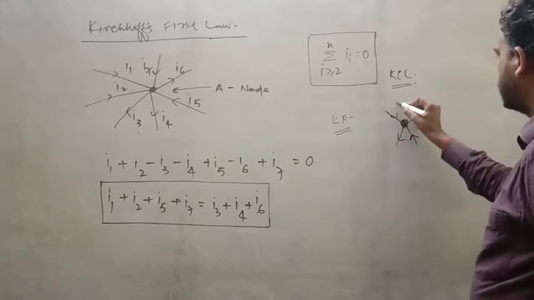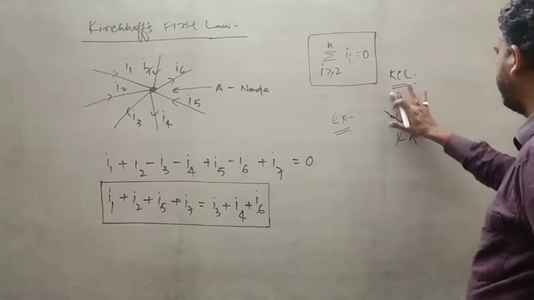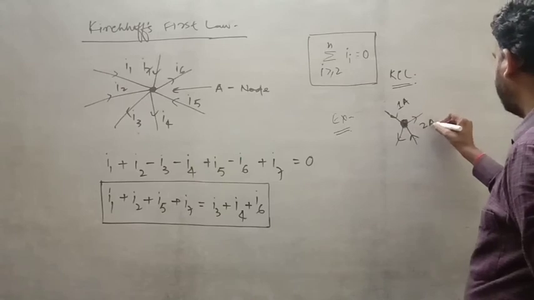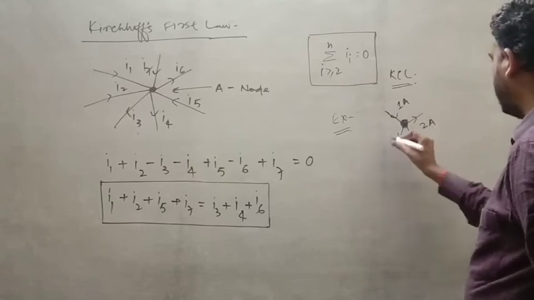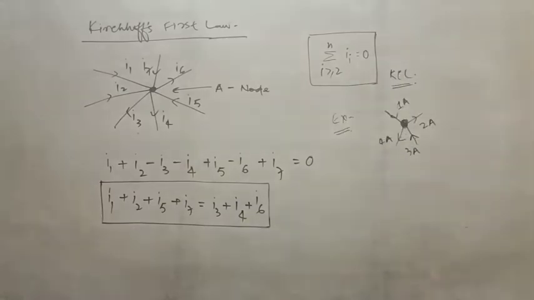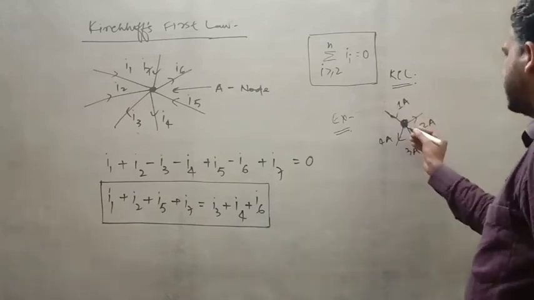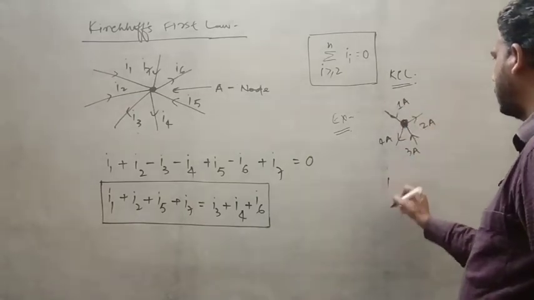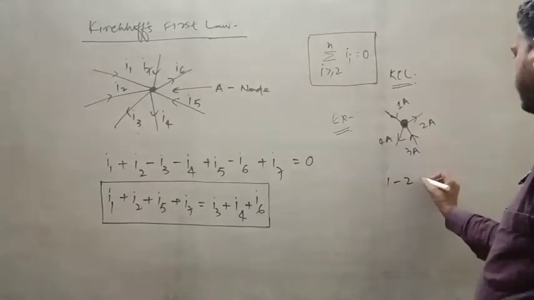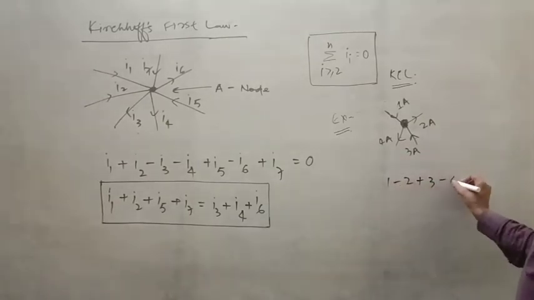Suppose the currents are I1 or simply 1 ampere, 2 ampere, 3 ampere and 4 ampere. After going through this, you see that the first is coming to the node, so 1 is positive, 2 is going away, negative, the third is coming, positive, the fourth is going away, negative, and this is equal to 0.